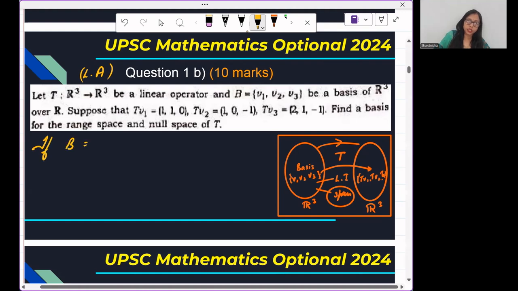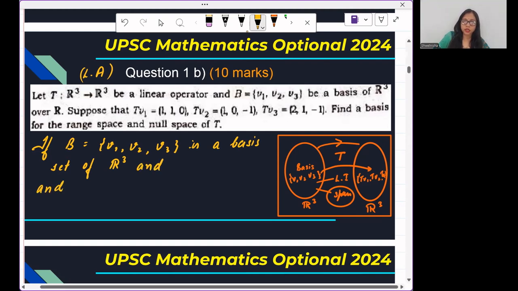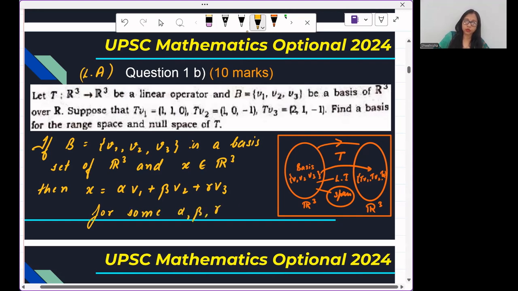First of all, if B = {V1, V2, V3} is a basis set of R3 and some X belongs to R3, then that X can definitely be written as alpha V1 plus beta V2 plus gamma V3 for some alpha, beta, gamma in the reals. The field is real, obviously, it's given also.